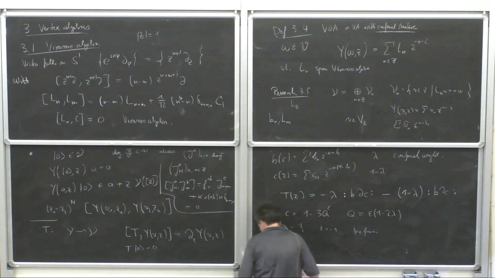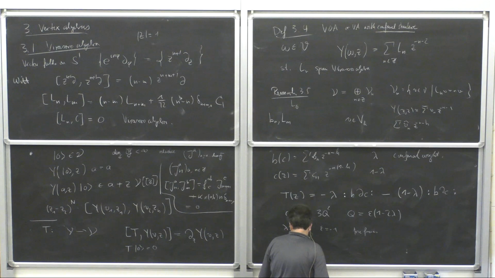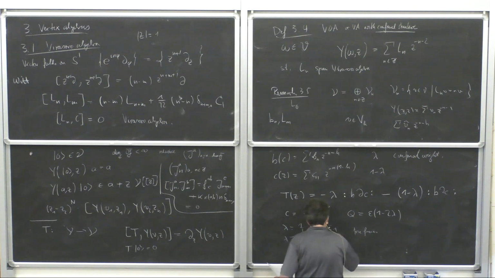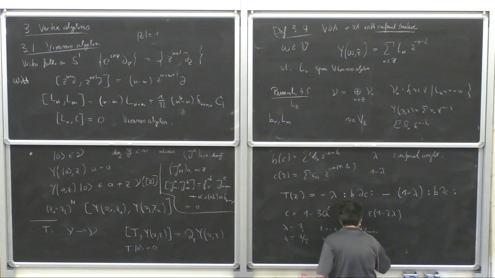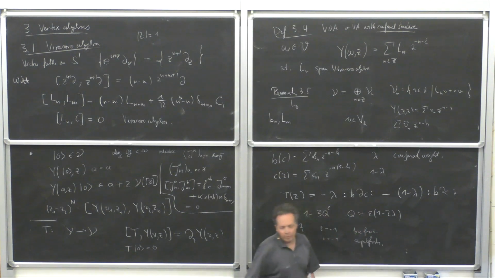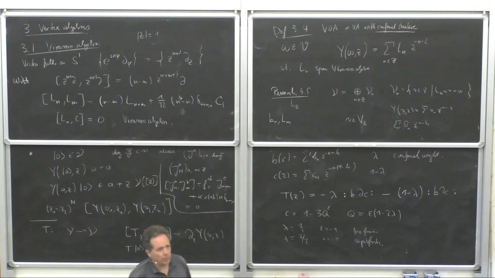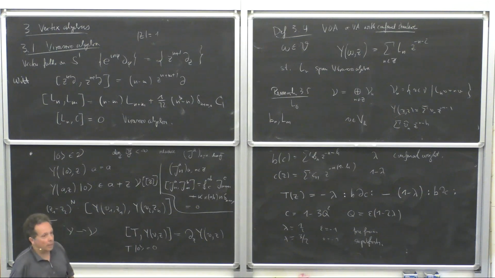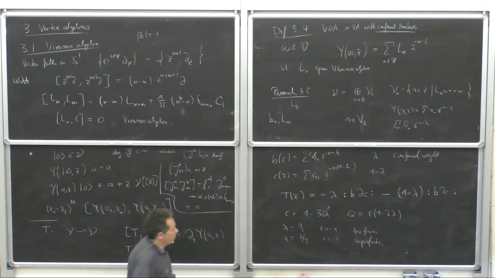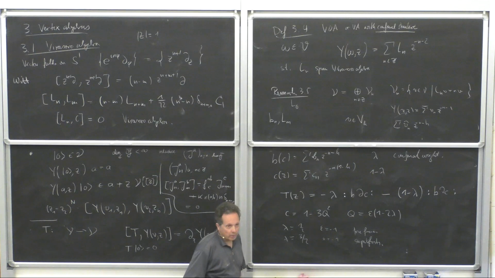If you choose lambda 3/2, and again fermionic, this gives the super ghosts. These are the ghosts you have to add if you do a superstring construction in which you are gauging one of the supersymmetries, the worldsheet supersymmetries.